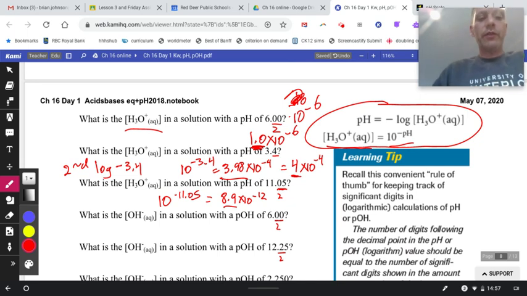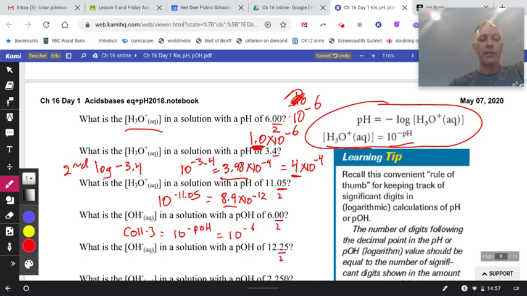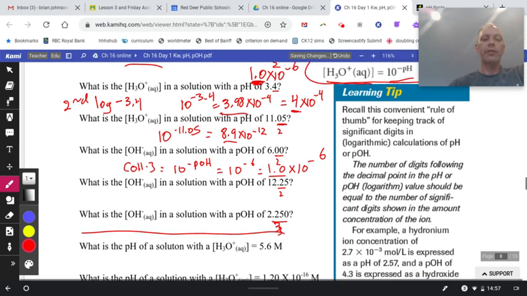Okay, so now we're going to do some hydroxide and pOH. Basically, it's the same formula. To calculate concentration of hydroxide, you go 10 to the negative pOH. So in this example, 10 to the negative 6 in your calculator is 1.0 times 10 to the negative 6, 2 sig digs, because that's concentration.